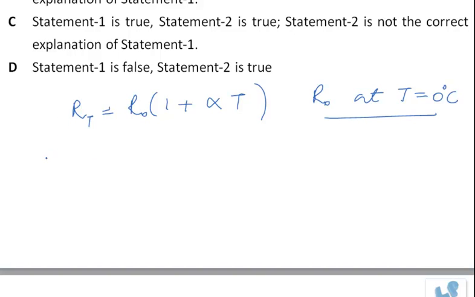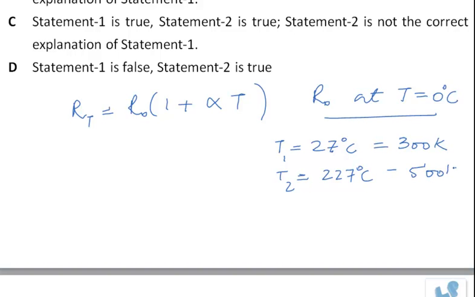in the given case we are given two temperatures, that is 27 degree centigrade, which will be equal to 300 Kelvin. Okay, and T2 is given as 227 degree centigrade, which is equal to 500 Kelvin, and the resistance is 100, and at high temperature it is given as 150.